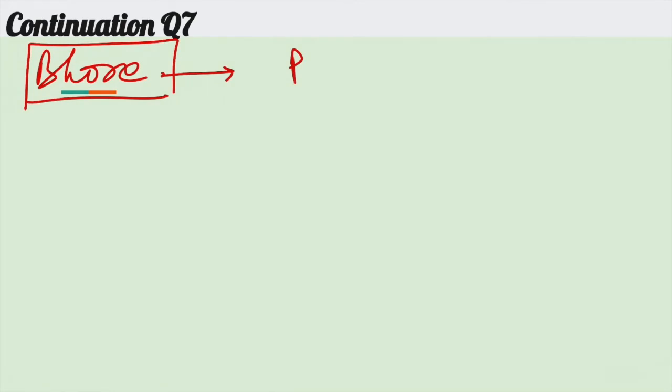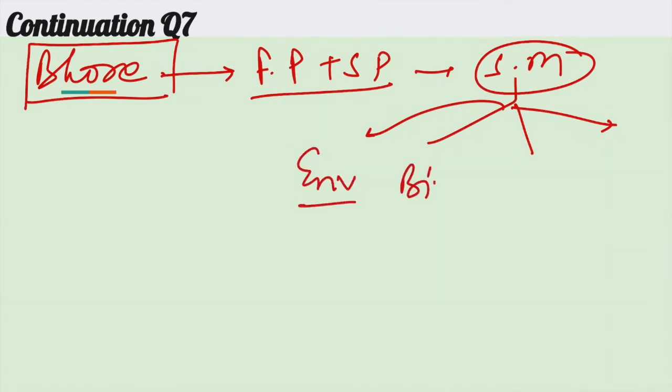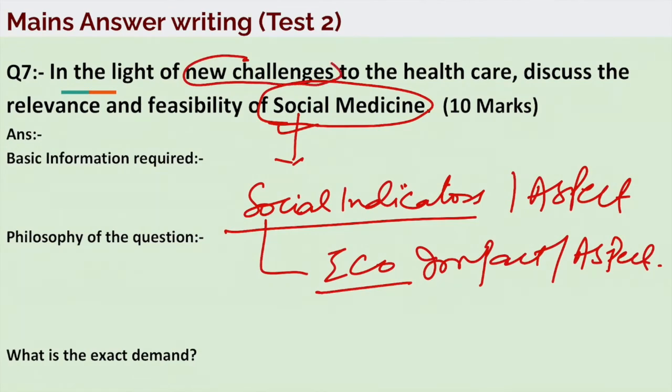The Bhore Committee in 1945 first talked about the need for family physicians or social physicians, or you can say social medicine. Social medicine is comprehensive care to individuals and families by integrating 4 different aspects: the environmental aspect, the biomedical aspect, the social science aspect, and the behavioral aspect.